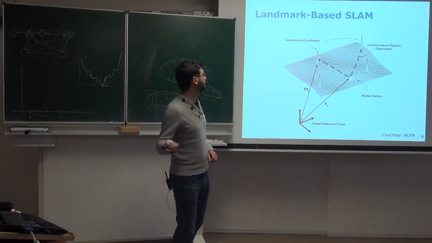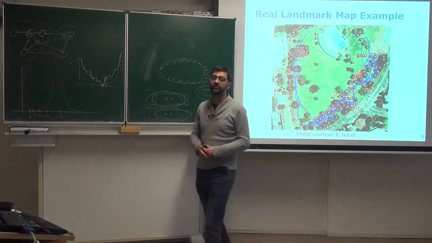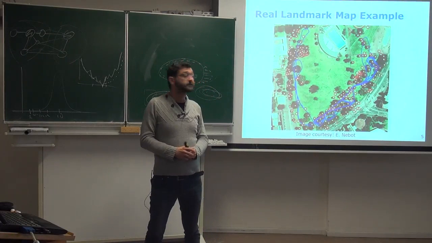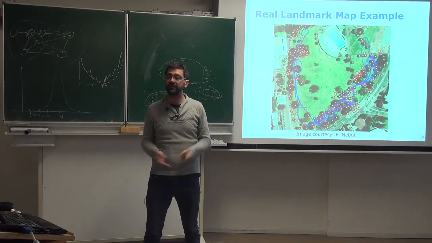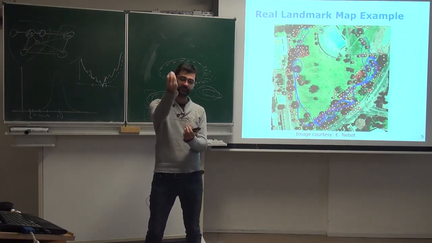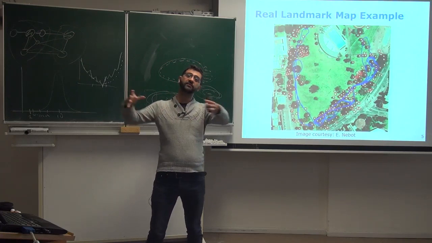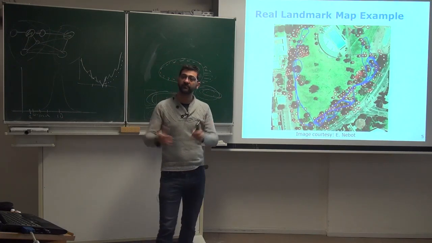Okay? Another type of landmarks in the real world are, for instance, tree trunks. You can imagine that each of these trunks can be detected from either a camera or a laser rangefinder, and then you can assume that those are just points in your world which have a certain diameter, if you wanted to use the size also for data association.